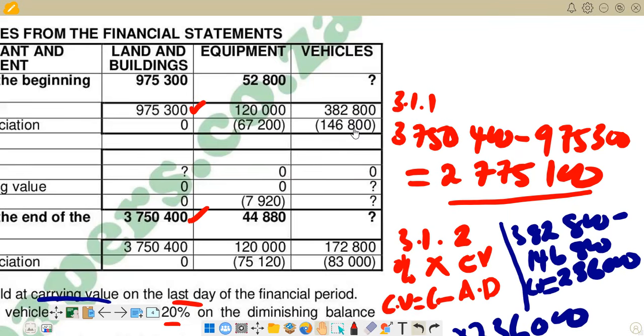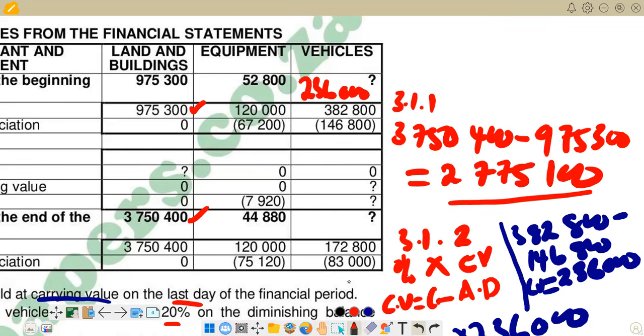So we can calculate that one by saying 382,800, then we subtract 146,800. Then the figure that we get there is 236,000. So it means here the carrying value that is supposed to be there is 236,000.